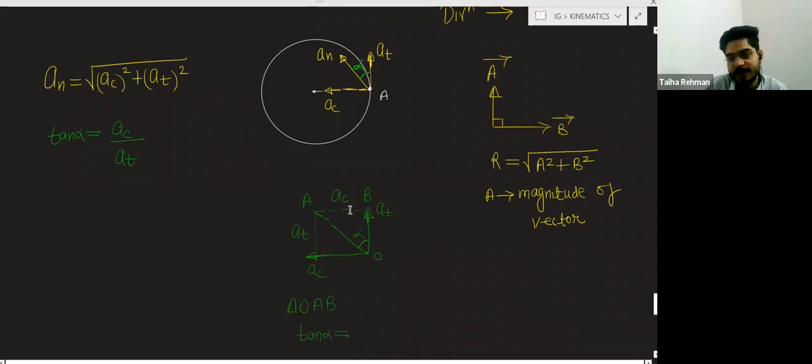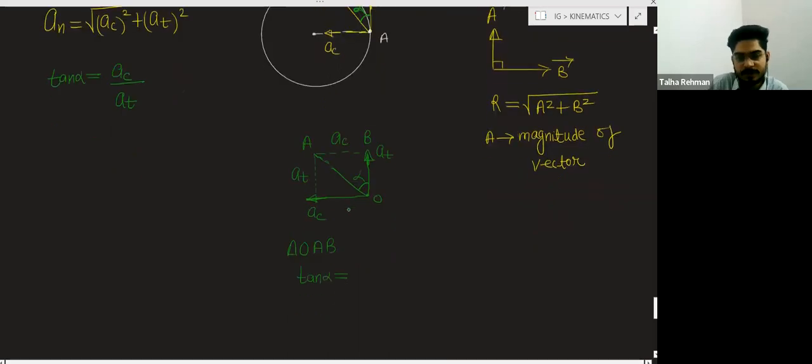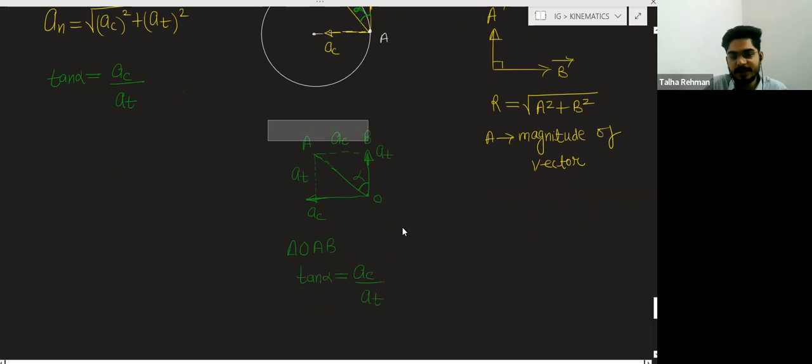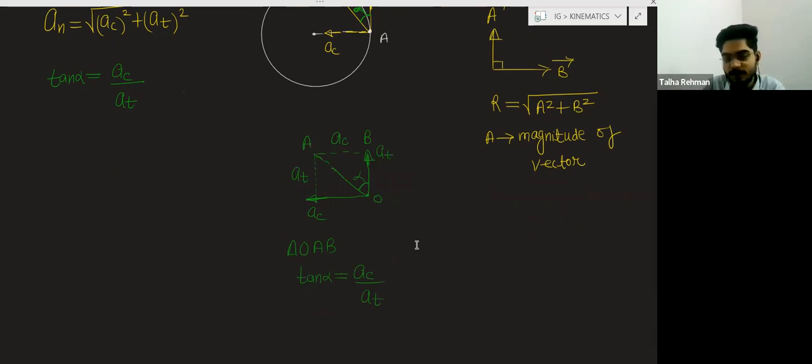So AC will be your perpendicular, and your base will be this AD. Basically all these things we study in vectors, the parallelogram law.